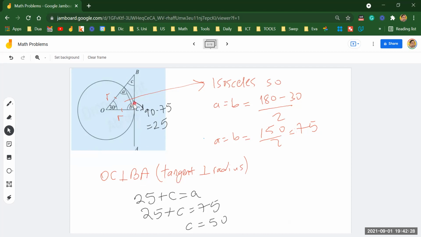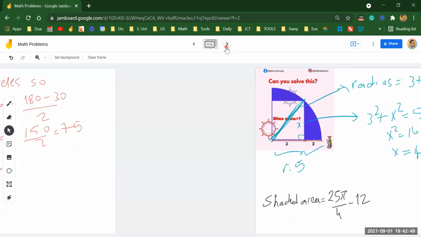So this angle is 90 degrees. So if B is 75, this angle is 90 minus 75, 15. And we know that the sum of the two interior angles equals the exterior angle. So C plus 25 is A. A is 75, so C comes 50.